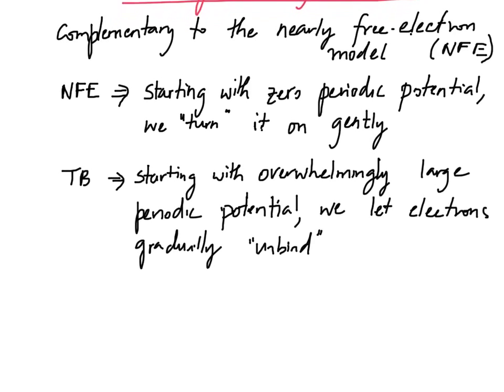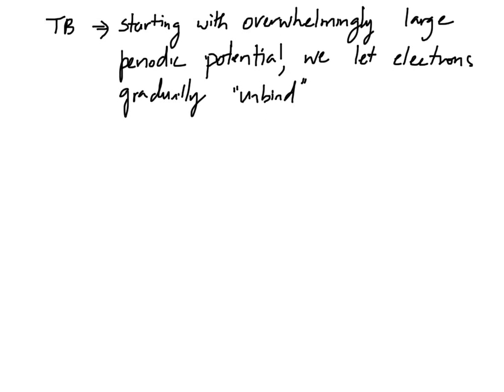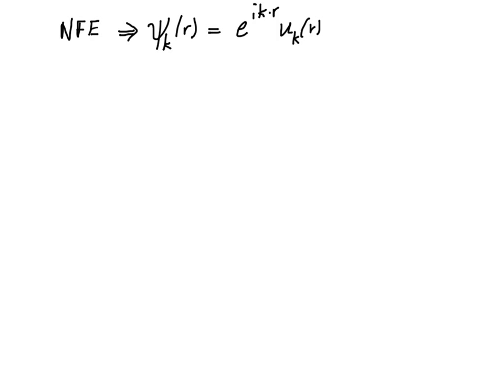In order to understand what I just said, we'll have to go back and recall what we wrote down as our wave function for our nearly free electron system, and then after that we are going to write down the form of the wave function as prescribed within the tight binding model, and we will understand what we mean by sufficient number of terms.